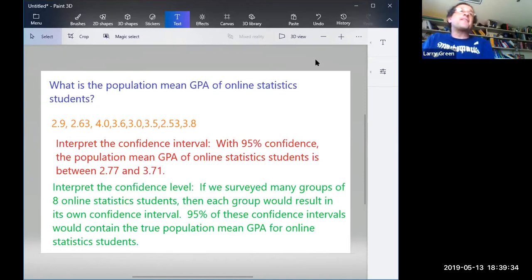You asked where we got the 95%. As I mentioned, unless there's some reason why you wouldn't use 95%, you use 95%. If someone is going to die because of your result, you might want to go to 99%. Honestly, I've done some consulting work, and whatever the client tells you is what you use, but you should understand what it means, just in case you need to advise a client.